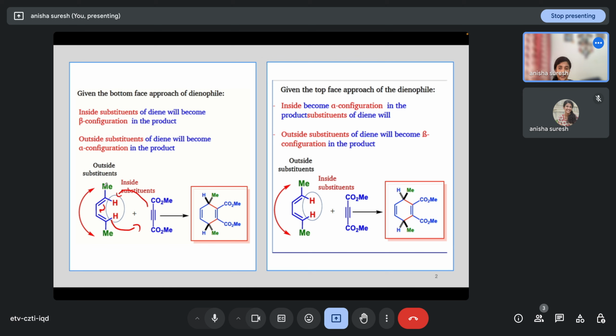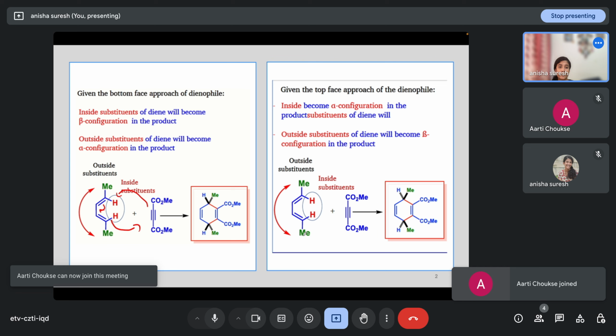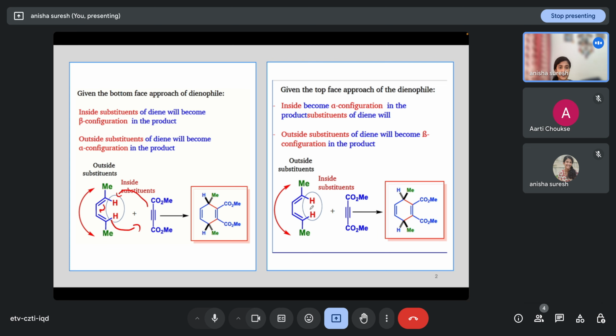The methyl groups that are present outside will be coming below the plane, and the hydrogen which is inside will be coming above the plane. So this is for the bottom face approach of the dienophile. If the dienophile is following a top face approach, in that case the outside substituents will become beta, and the inside substituents will have alpha configuration.